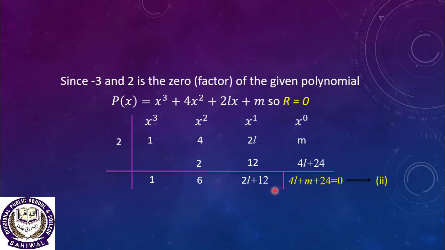This 2l plus 12 when multiplied with 2, we get 4l plus 24, which when added in m, we get 4l plus m plus 24 equal to 0. This is again equal to 0 because we know that the remainder should be equal to 0. We name this equation 2.